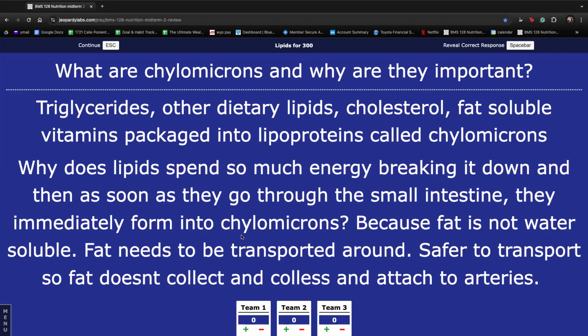And it helps transport things. When you break down lipids, our body does so much work to break down the fatty acid chains to pass through the small intestines, but as soon as it gets through, it has to get transported. So it reassembles as a chylomicron. All that work, using up so much energy to break it down just to put it back together, our body is so inefficient for that. One of the reasons is because fat is not water soluble, and in our body we have a lot of water. So it makes sense that we need this, but it's also a bit goofy.